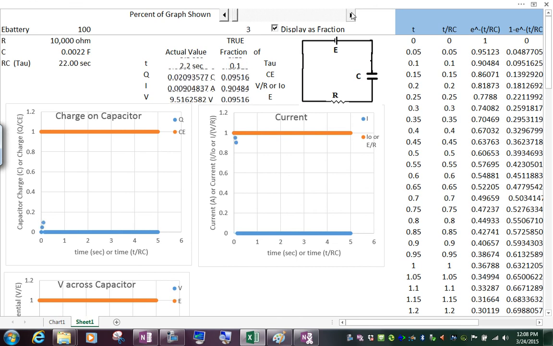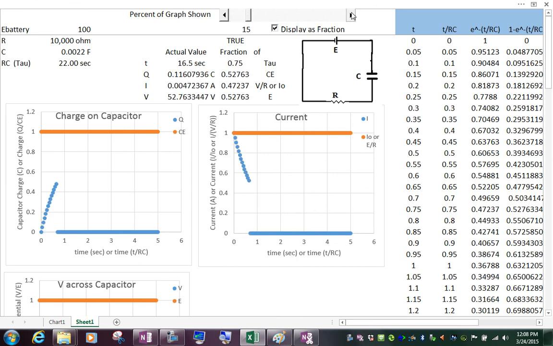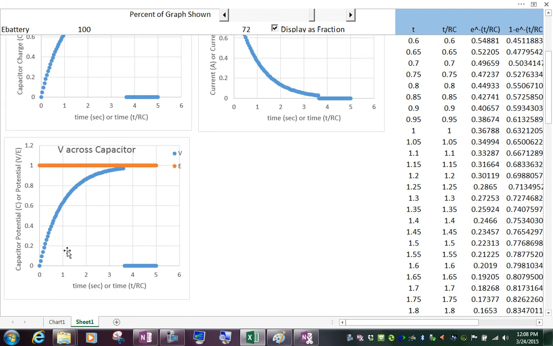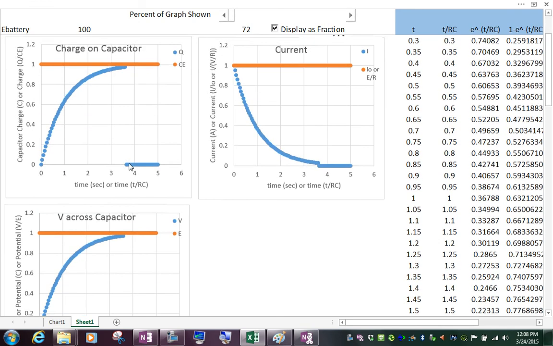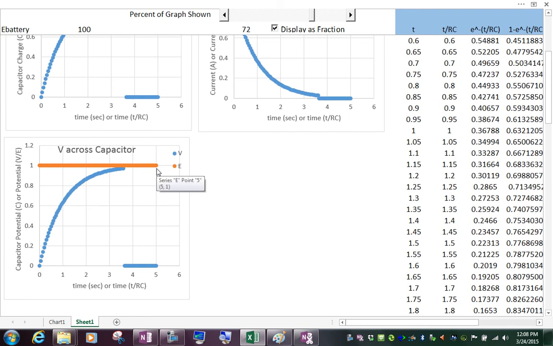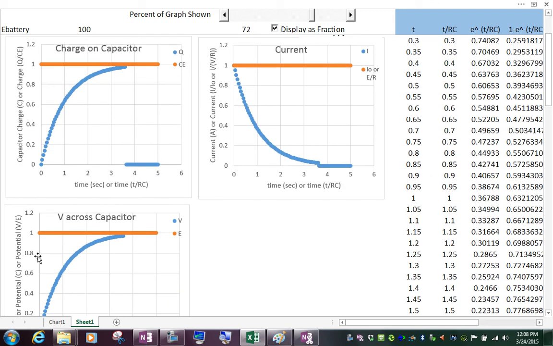Now, the most important thing to understand in these as the capacitor is charging is that they are each approaching a limit. So the charge in the capacitor is approaching the limit CE. The voltage is just charge divided by C. So it looks the same, it's just the numbers are different.